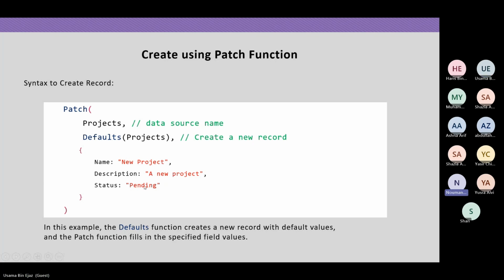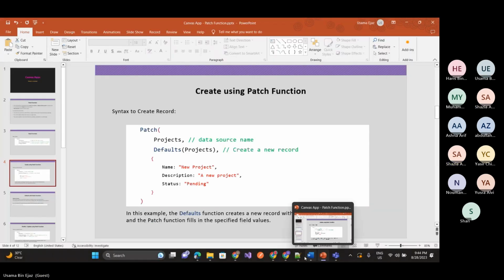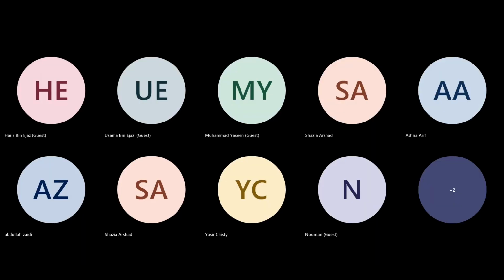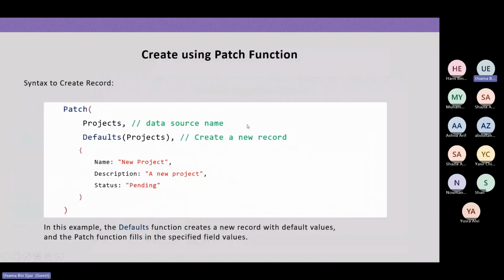Usama, can you please share your screen? I'm not able to see it. Yes, the screen is already shared. Maybe if you can stop sharing and then share one more time, that might help. Okay, let me share. No worries, it will help newcomers. Okay, is it visible to you now?